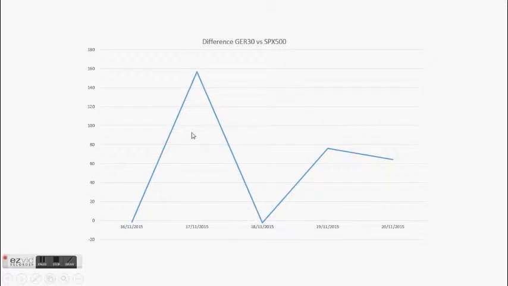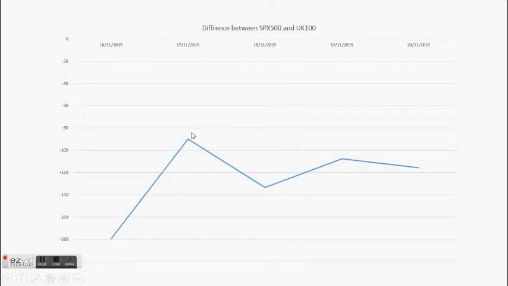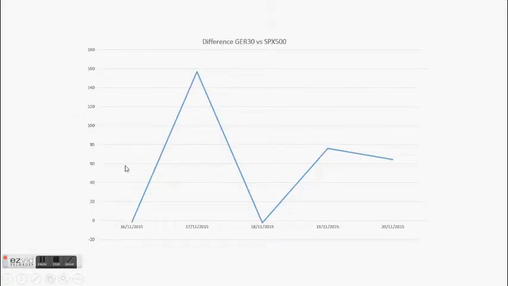And let's go on the FTSE. Yeah, the difference got closer. The rally between Monday and Tuesday was stronger than the UK 100. I agree with this because the UK 100 was much lower than the S&P 500 at a starting point. It was also, if we just take a look back at this one, lower than the German 30, because obviously the German 30 and the S&P 500 on Monday were together.